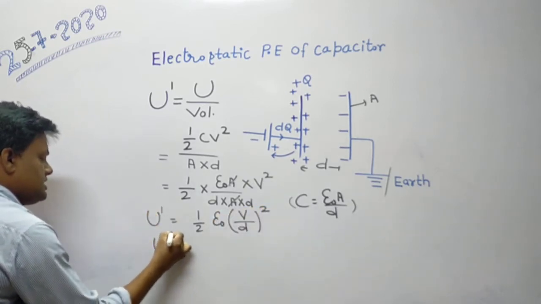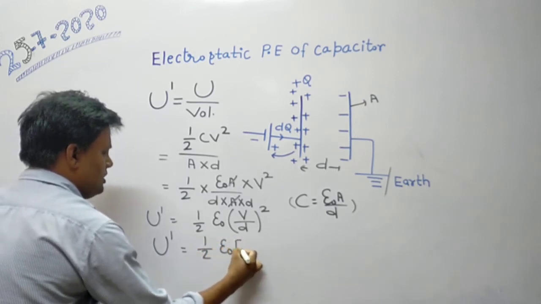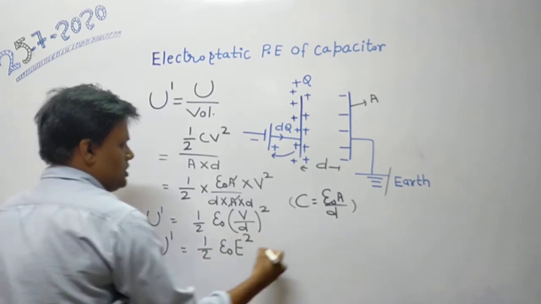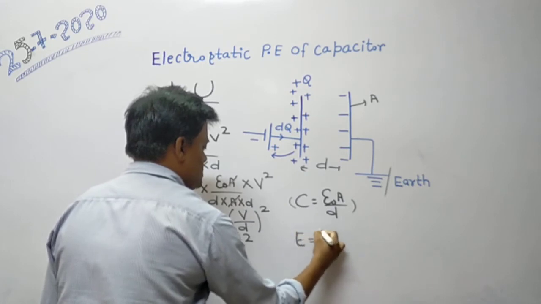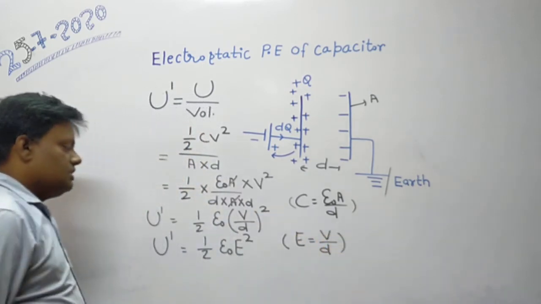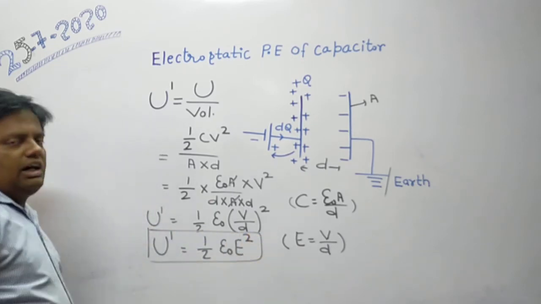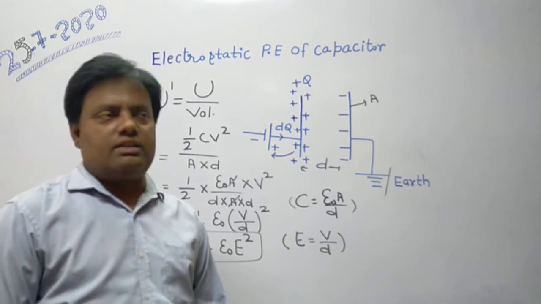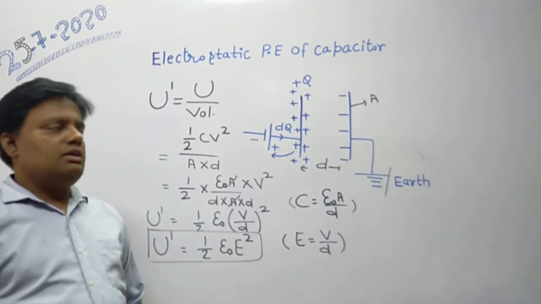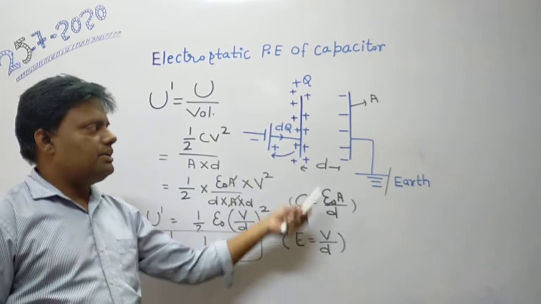This is the energy density, U equals half epsilon naught E square, because the electric field E equals potential divided by distance. U dash equals half epsilon naught E square. This is the electrostatic energy density of the parallel plate capacitor.